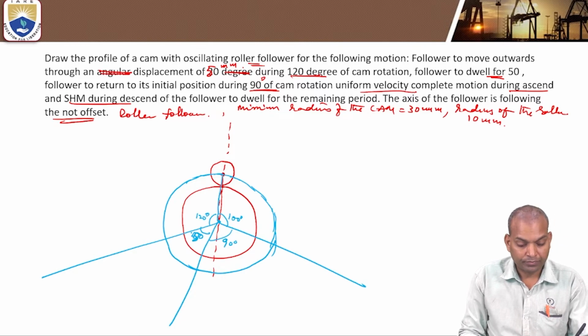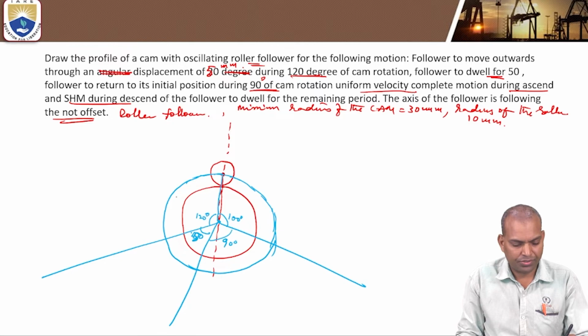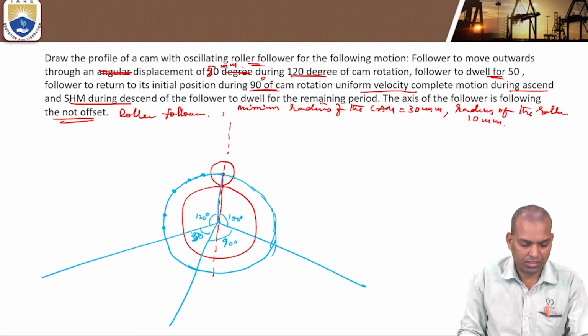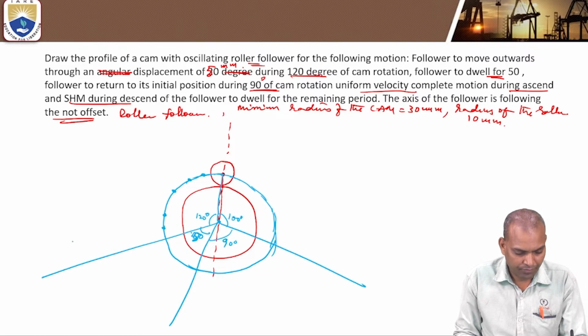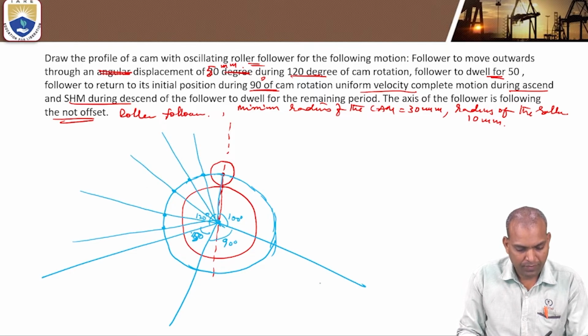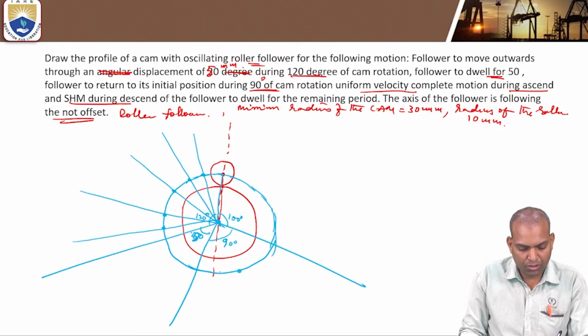Alright. Divide this prime circle into equal divisions, which is an even number of parts. Those parts are 6. Similarly for the outstroke also. Here we are dividing the prime circle circumference.